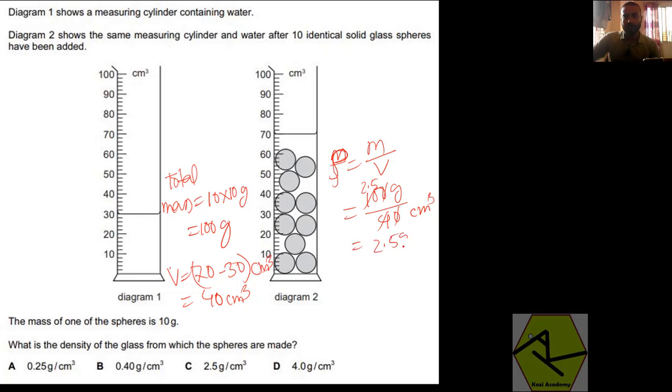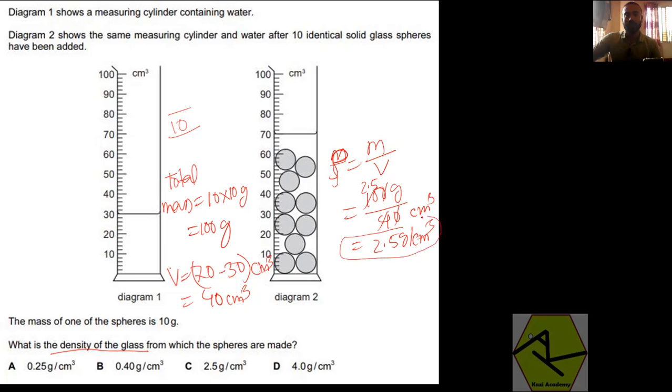It is not the answer because we are about to find the density of the glass. That means we here used the calculation for the total 10 identical spheres.